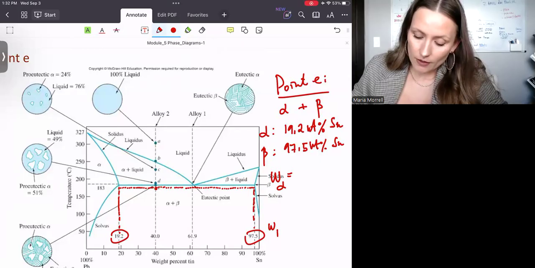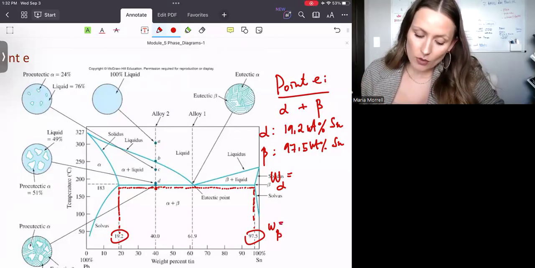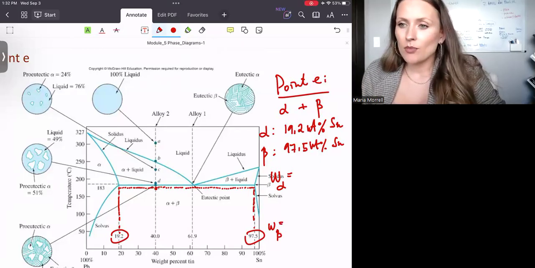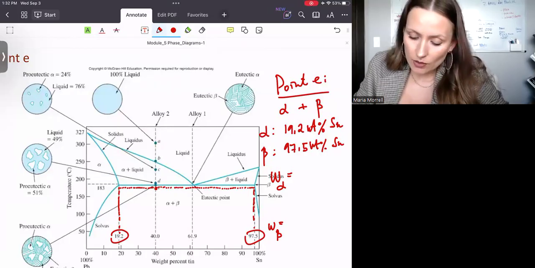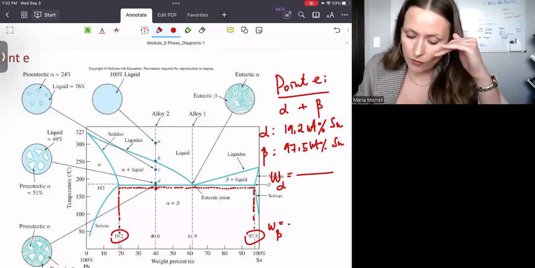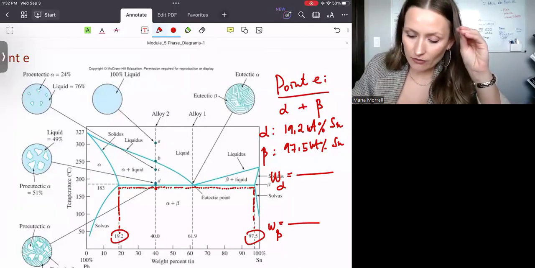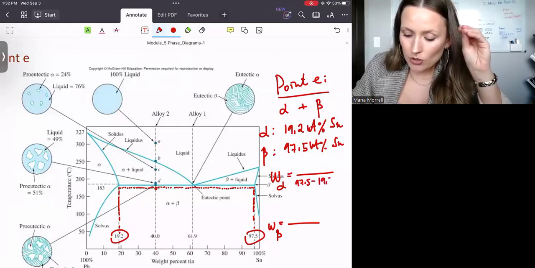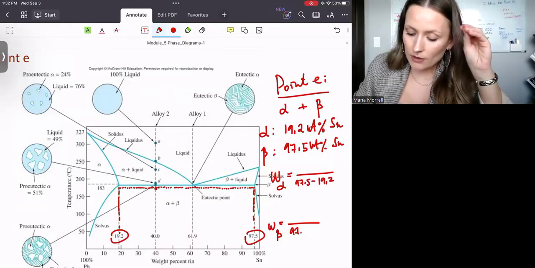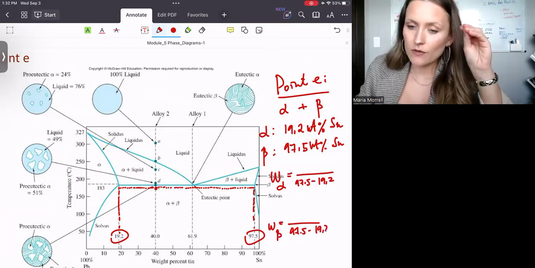For alpha and for beta. I will begin with alpha. So once again, I'm going to be applying the lever rule, right? So that means that at the bottom, for either, I will have the length of the entire tie line, and it's going to be 97.5 minus 19.2. And it's going to be the same in here. This doesn't change for either of the phases.